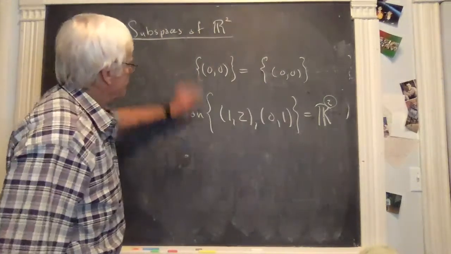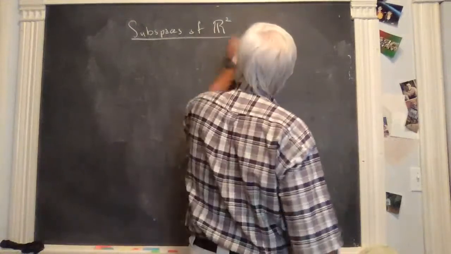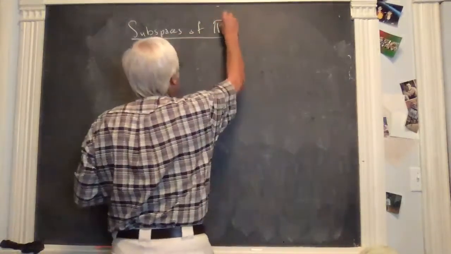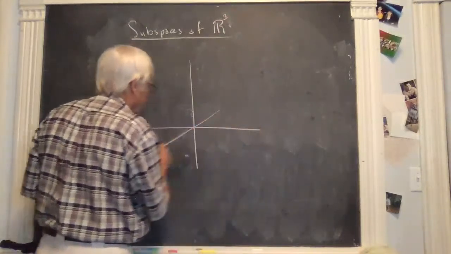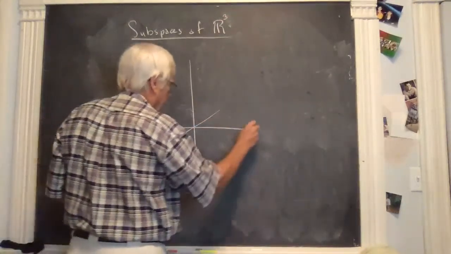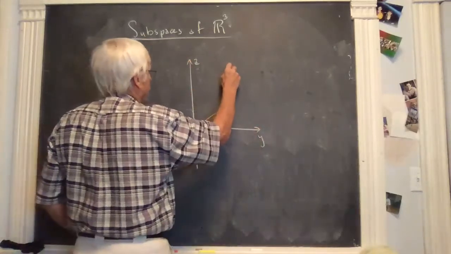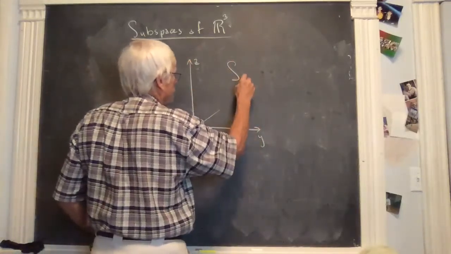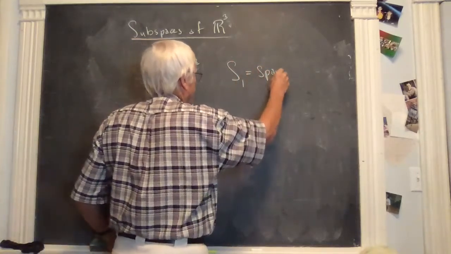And so that's the geometry of these. If we wanted to do R3, what are the subspaces of R3? What do they look like? Well, again, any subspace is going to be the span of something.